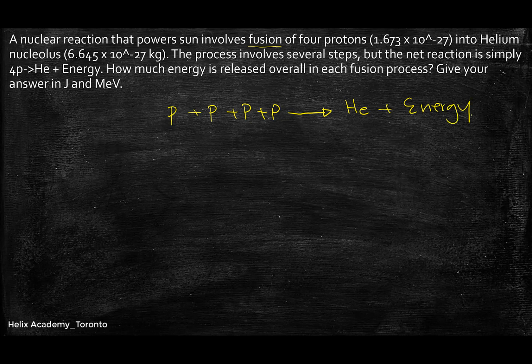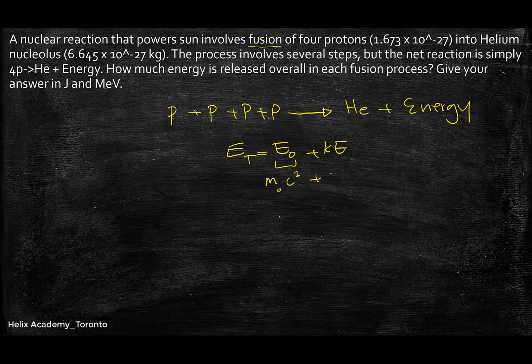In order to do this, we have to understand what kind of energies are involved here. So if I were to write this a little bit simpler in terms of energy, we know that the total energy is the rest energy of something plus the kinetic energy of the same thing. The rest energy pretty much means the nuclear energy that's inside a resting particle, and that's just the mass of the particle times c squared.